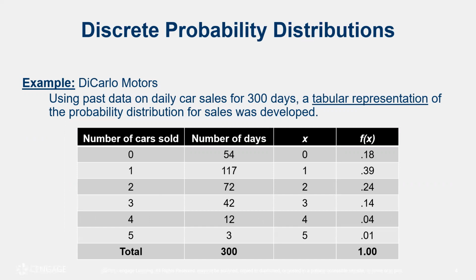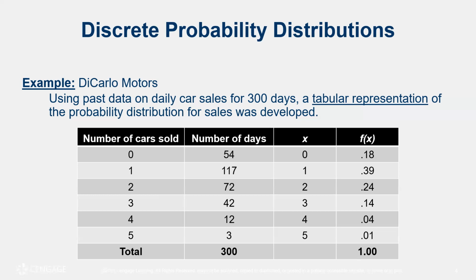So there were 54 days where they didn't sell any cars, and then there were 117 days where they sold 1 car, etc. Okay, so this would be like our data set, and we could look at that and see how that's distributed, and I'll show you that in a minute.